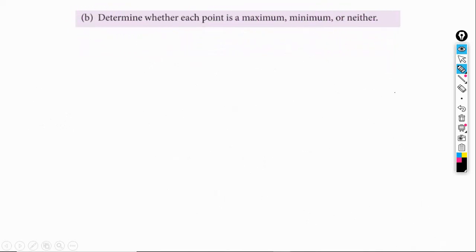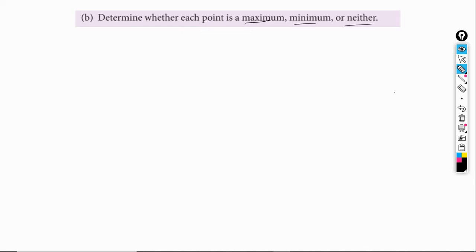Very well, so now we are on part B, where it says determine whether each point is a maximum, a minimum, or neither. Okay, so in order to find out whether a point is a maximum or a minimum, I'm going to use the second derivative to do a concavity test.